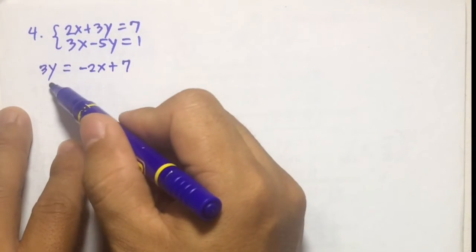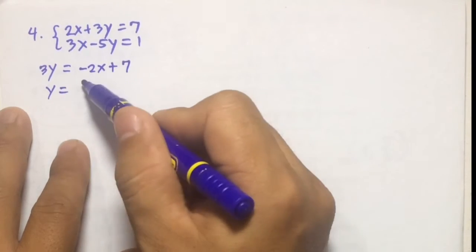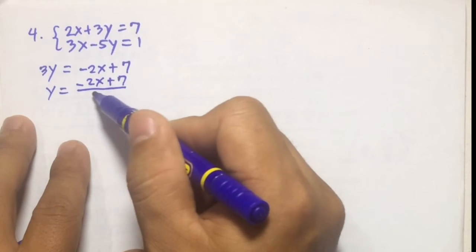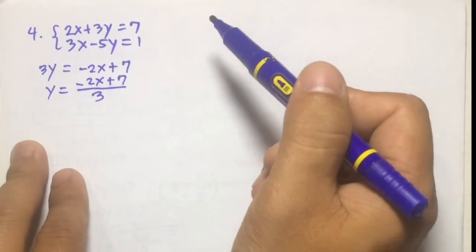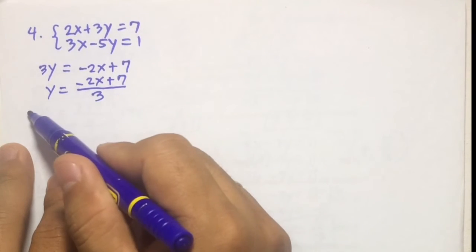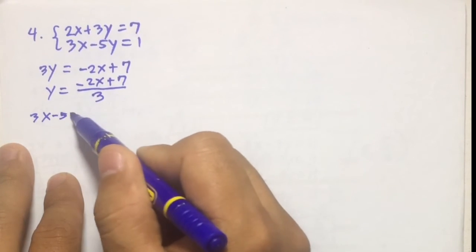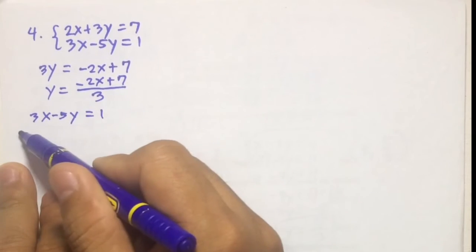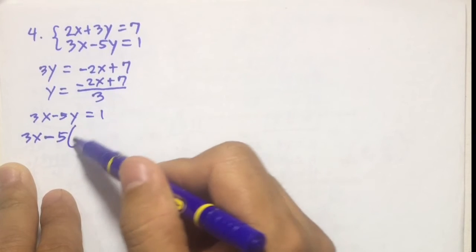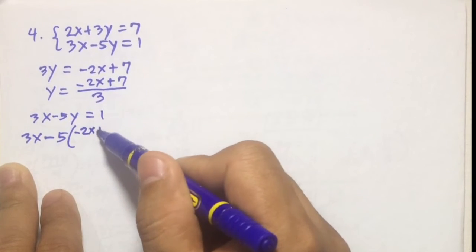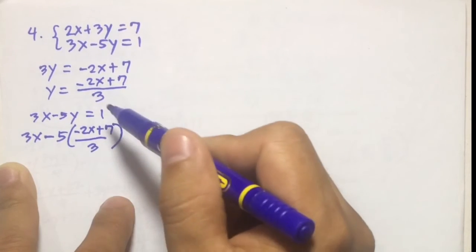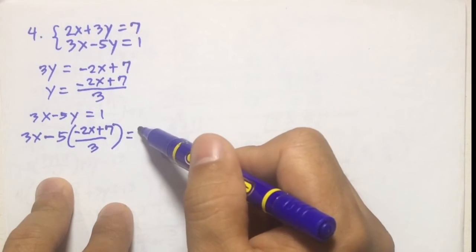Then dividing both sides by 3, we're going to have y equals negative 2x plus 7 divided by 3. Then substituting this value in equation 2, 3x minus 5y equals 1. So 3x here minus 5 times the value of y, negative 2x plus 7 over 3. Then this will be equal to 1.